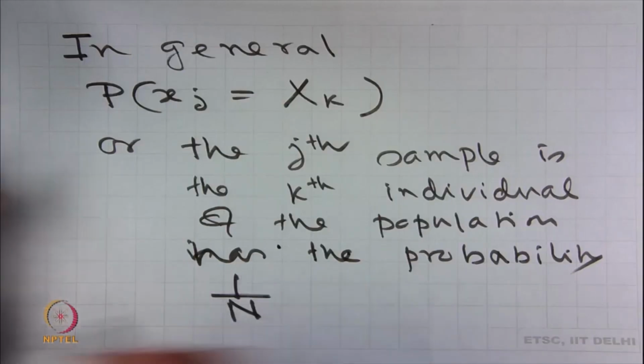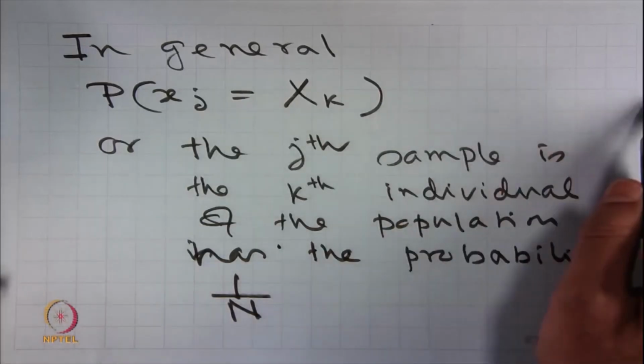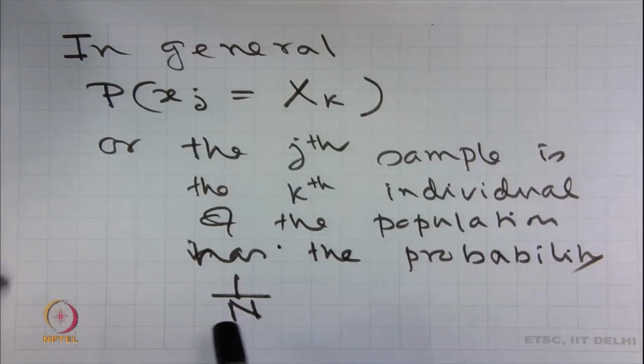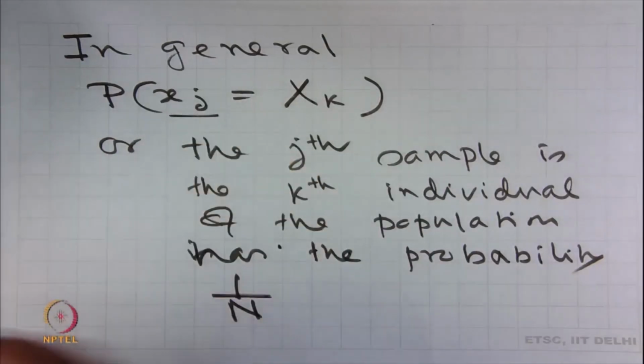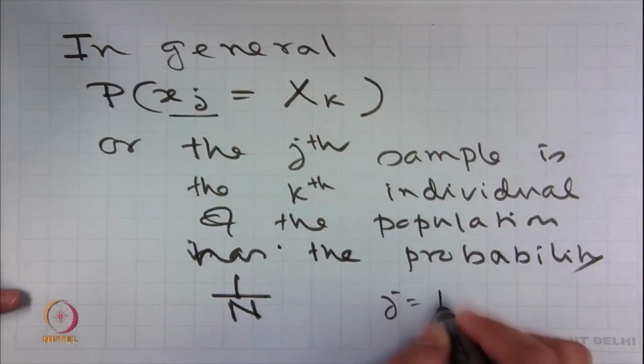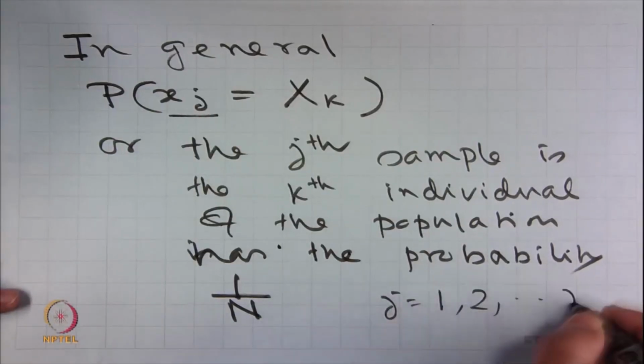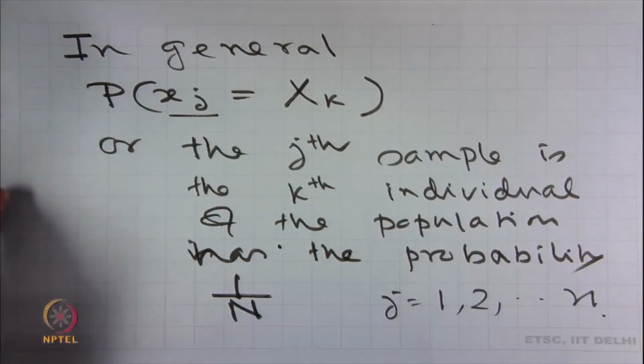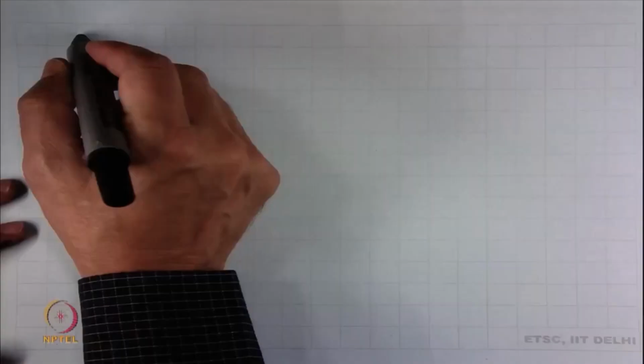That is, each one of the original population members will have equal chance of getting selected in the sample at the jth instance for j is equal to 1, 2 up to n, because we are choosing n samples from the population. This can be shown in the following way.